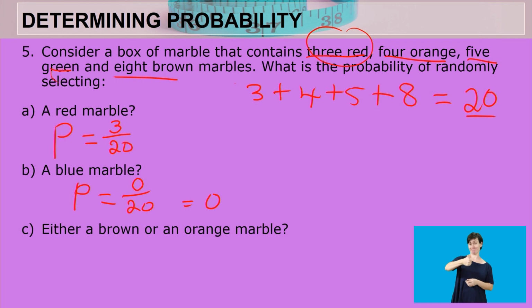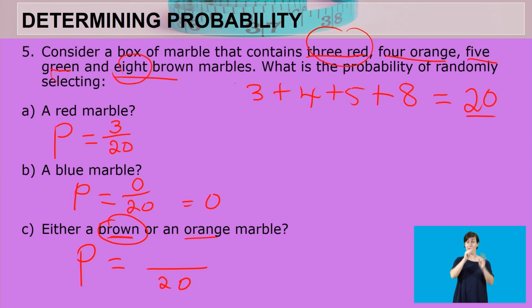Then determine the probability of either a brown or an orange. Either a brown or orange. So now we have to add the totals, because we are checking whether you are going to pick a brown or you are going to pick an orange one. So probability is equal to how many total marbles? We've got 20. How many are brown? We've got 8 brown marbles, plus how many are orange?